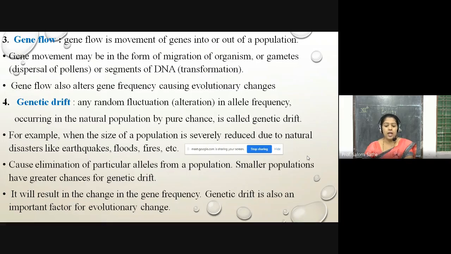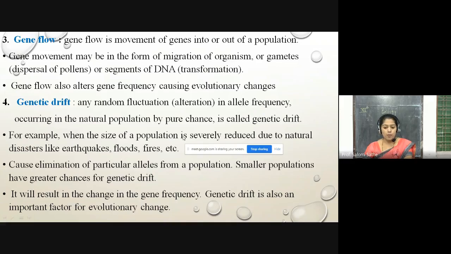Smaller populations have greater chances for genetic drift, and it will result in the change in the gene frequency. Genetic drift is also an important factor for evolutionary change. Why?